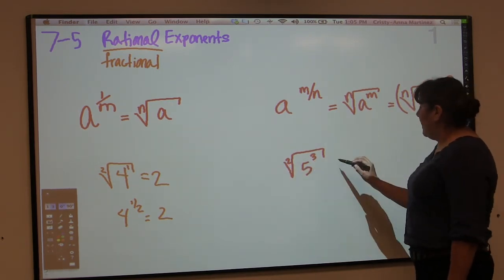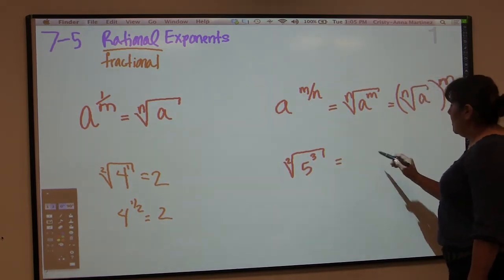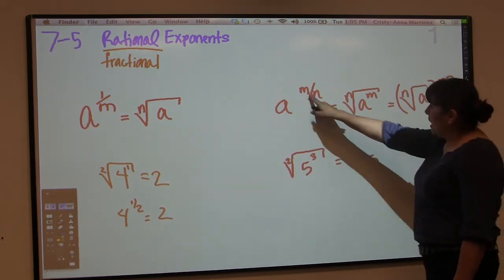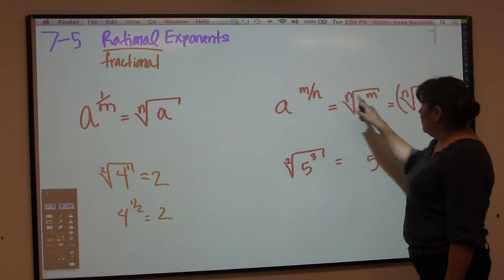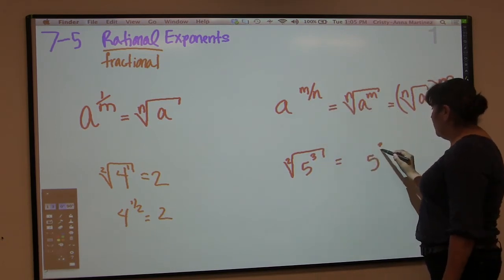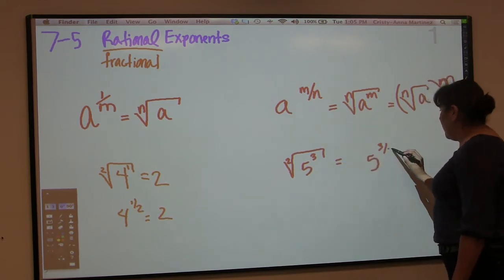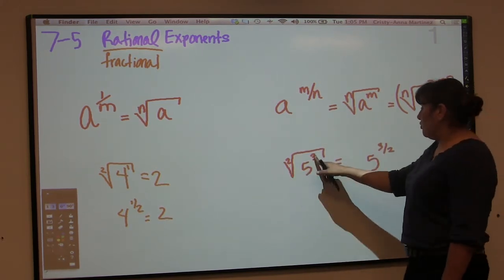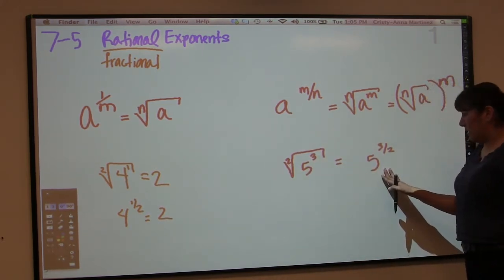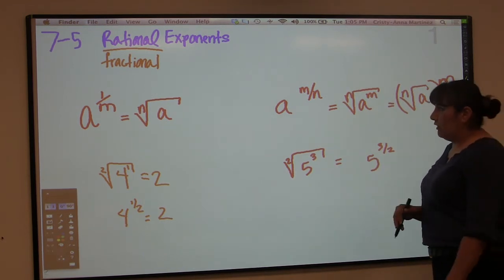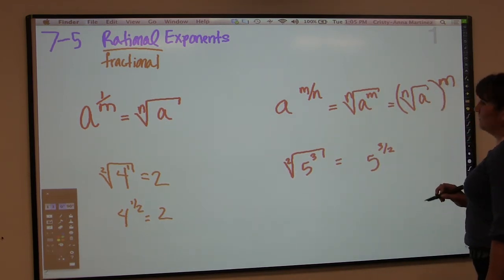So we can write that as a fractional exponent by putting 5, and the top of the fraction is the exponent from the inside, so 3, and the bottom of the fraction is the index, so 3/2. So the square root of 5 cubed will be the same thing as 5 to the 3/2 power. And again, you can put that in the calculator to make sure that it's the same value.